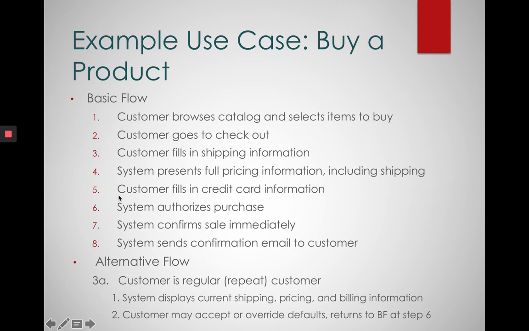So it skips over steps 4 and 5, but the end goal is still accomplished, which is why this is an alternative flow. It's not shown here, but we may have an exception flow where, like I mentioned earlier, there's an exception in step 5 where the customer fills in their credit card information and the credit card is declined. That would end in an exception flow where the goal is not achieved, the product is not bought.